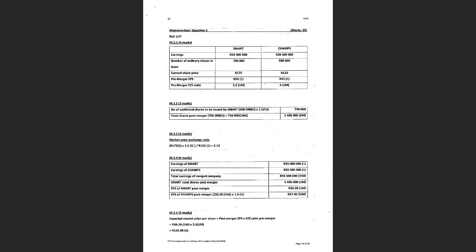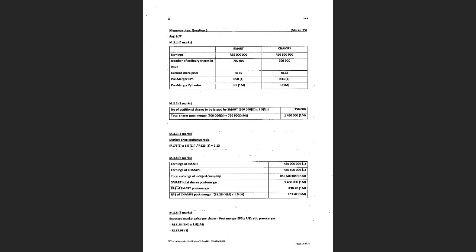And then 3.5 says calculate the expected market price of Smart post merger. So the expected market price is equal to post merger EPS of Smart multiplied by the PE ratio pre-merger. So the 38.28, and again, that's a method mark. So as long as you take whatever you've calculated here, you use it here correctly, and you multiply by the PE ratio.